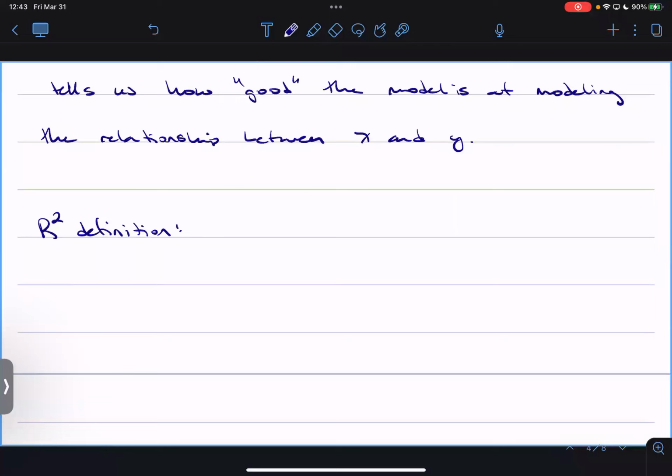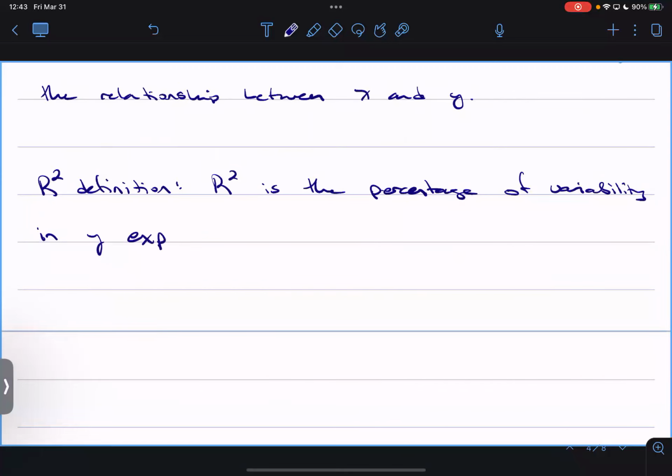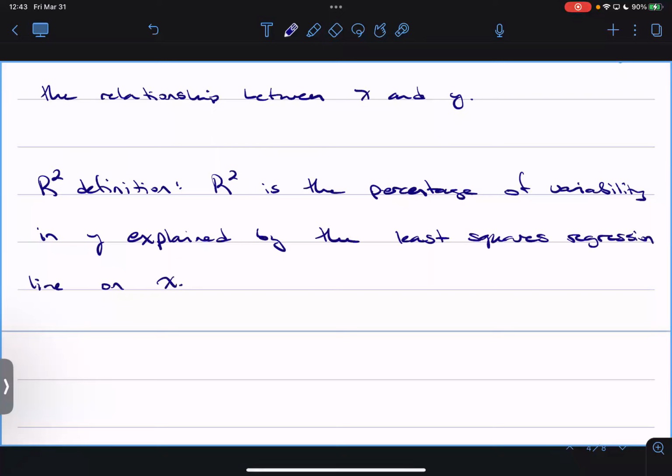R squared is the percentage of variability in Y explained by the least squares regression line on X, right?